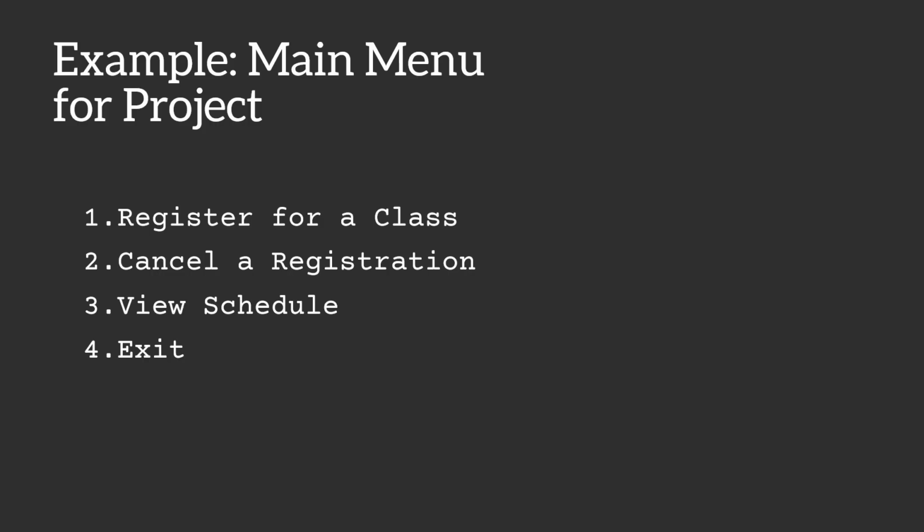The view schedule module might display all current classes. Now, each of these modules should have a flowchart showing the logic flow. So for each module, I want you to have a separate flowchart, and then you should have pseudocode describing the logic step by step. Again, if you have any questions, please reach out.